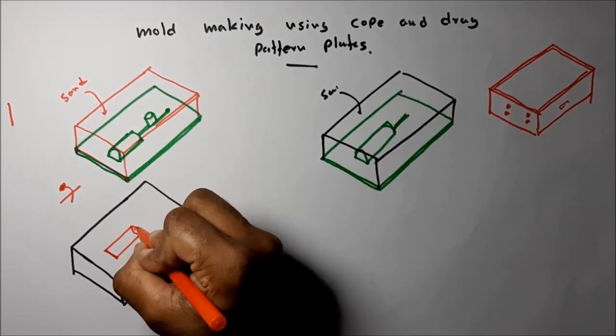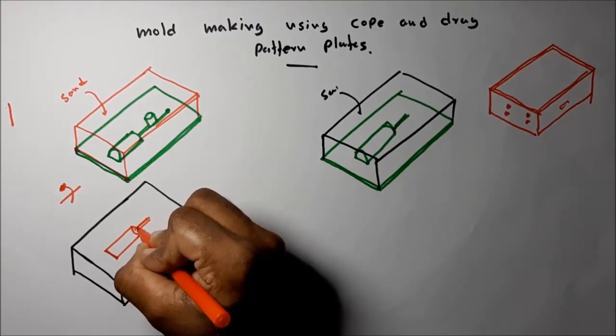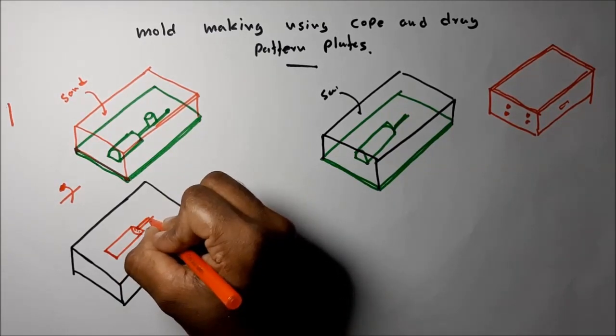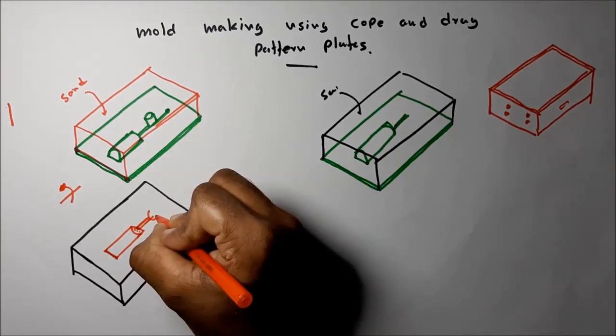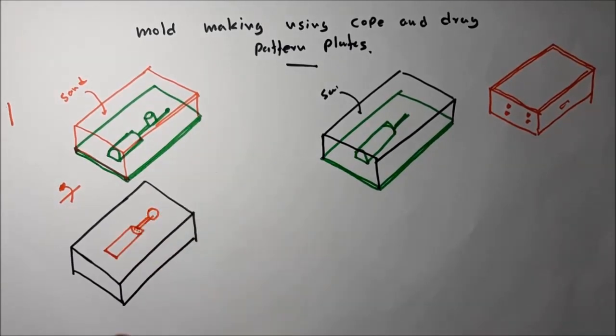Then the runner system, and also a hole for the riser. I forgot to tell something.